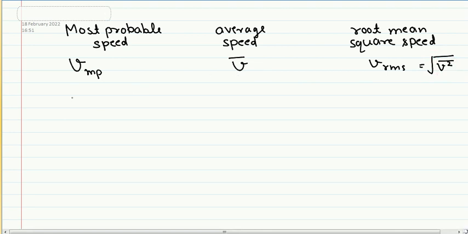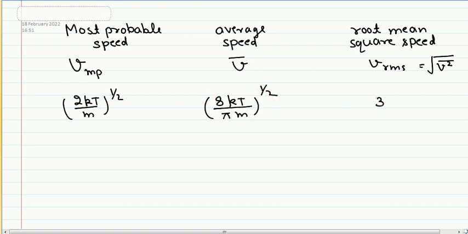The values are: (2kT by m) to the power half, then (8kT by pi m) to the power half, and (3kT by m) to the power half.